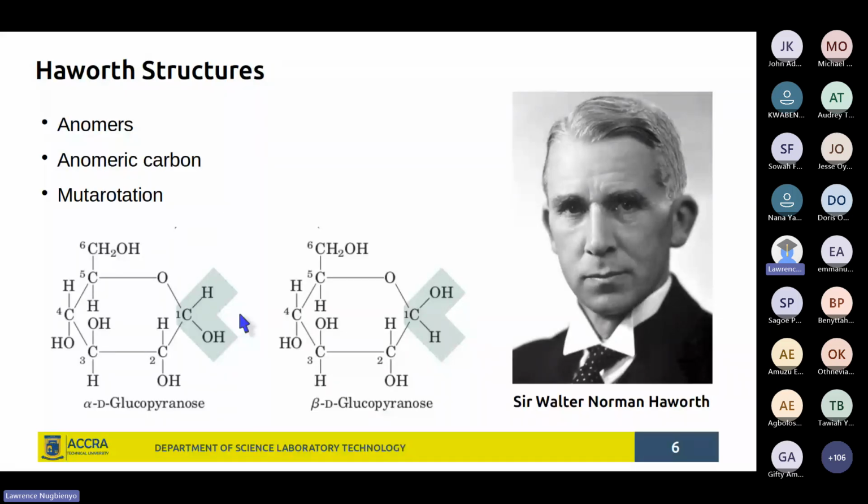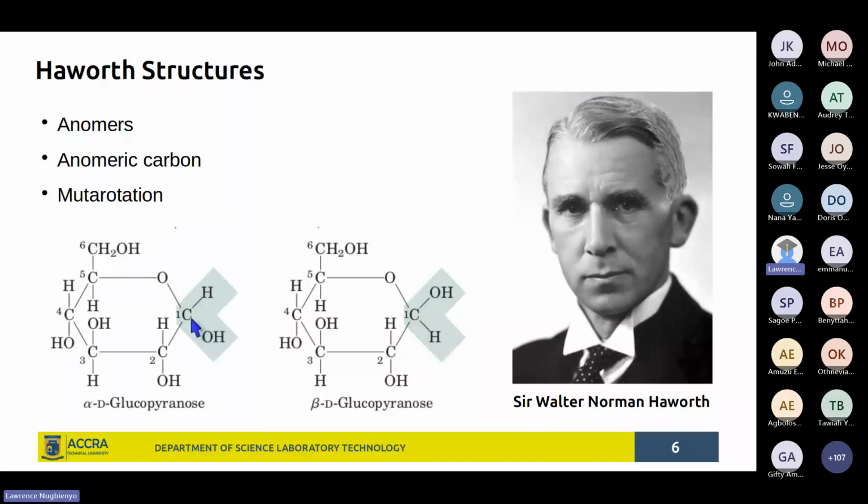So we see these cyclic structures that are referred to as the Haworth structures. And we have seen that you can have anomers, which are two different configurations of the cyclic structure, the alpha and the beta anomers.